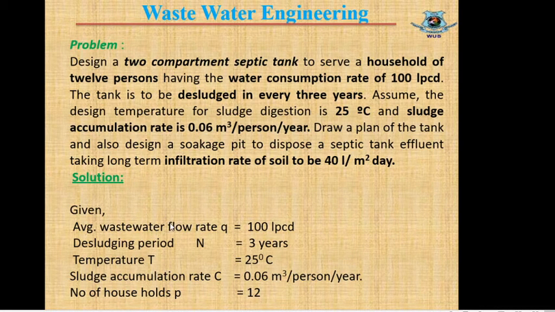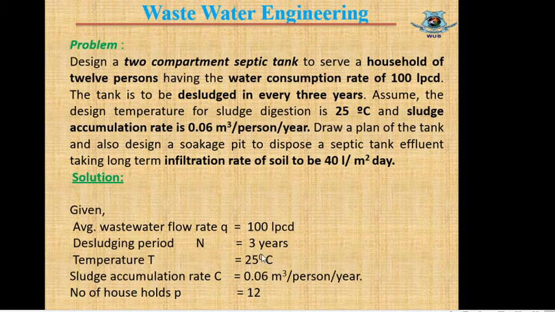So these are the data in the question, and to design this septic tank, first we will rearrange the given data. Average wastewater flow rate Q equals 100 liter per capita per day, from the water consumption rate. Dislodging period N equals 3 years.